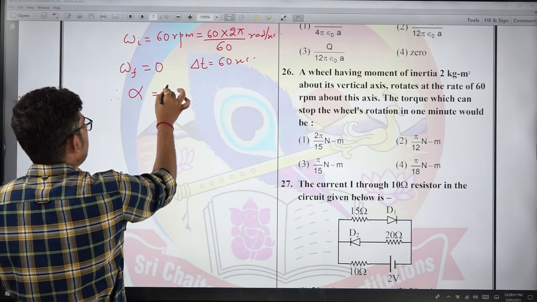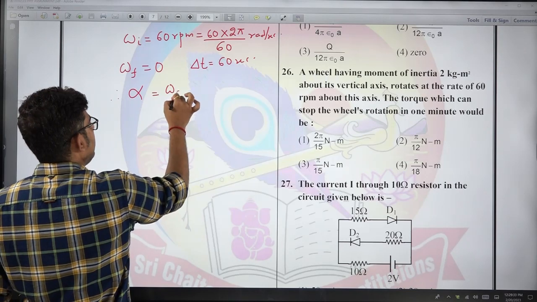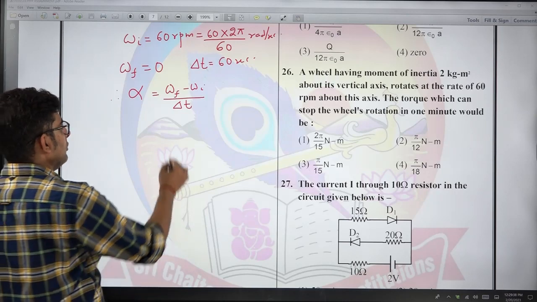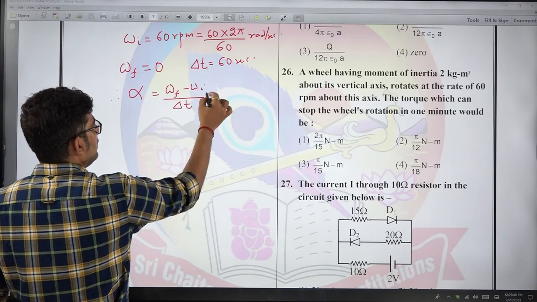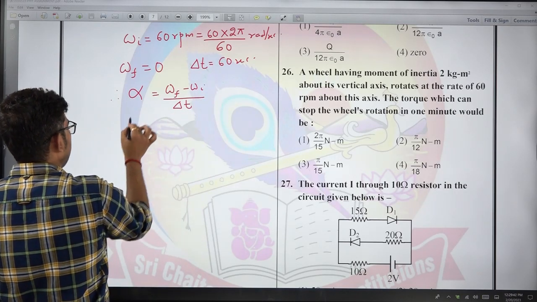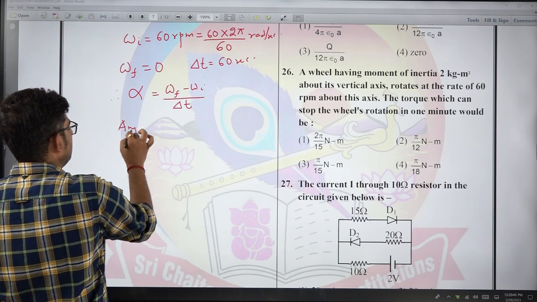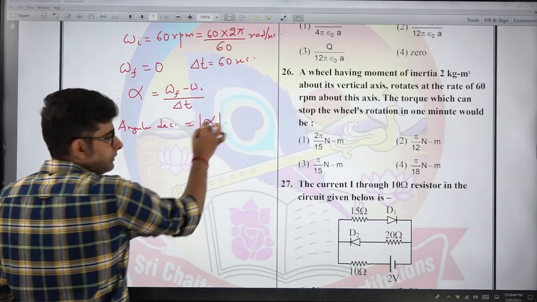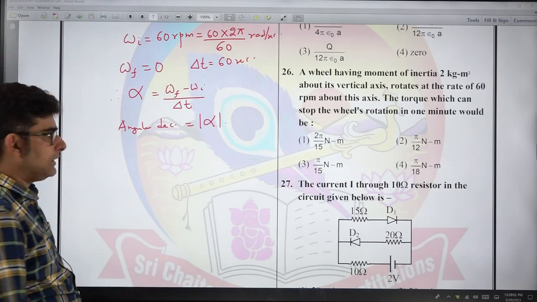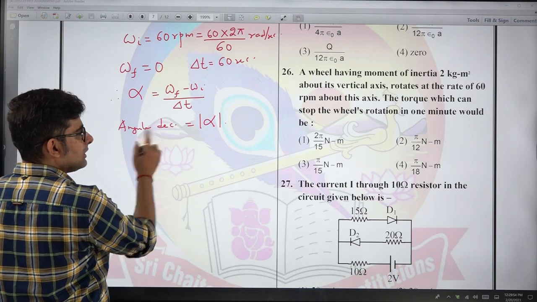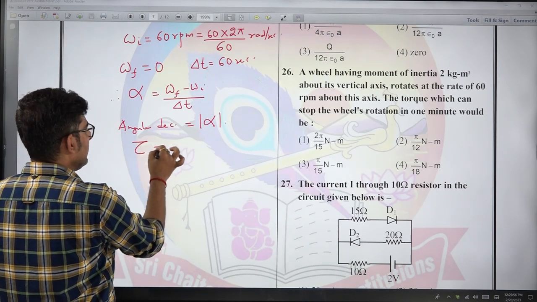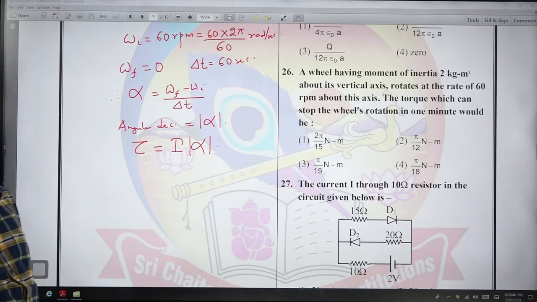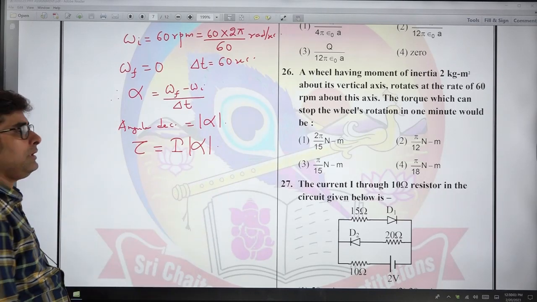So alpha will be omega final minus omega initial by delta t. So we get this value from here. Angular deceleration is nothing but the magnitude. Whatever you find, you get the angular deceleration. So what is the torque they are asking? The torque providing the angular deceleration will be I alpha. So you will get the answer from here. Okay.